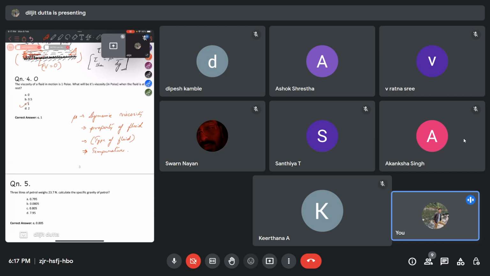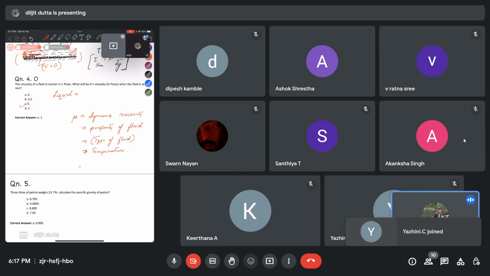So for a liquid, if the temperature increases, mu will decrease.